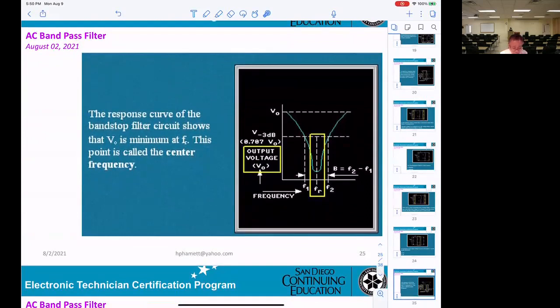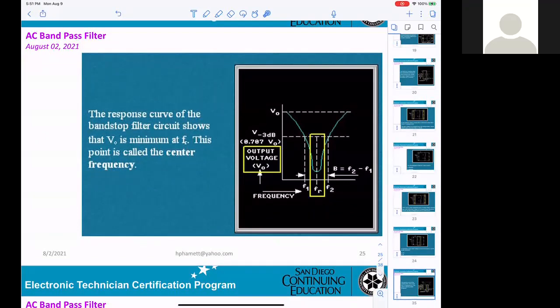If you're looking at this display, this is the output of what circuit? What type? Band stop. Perfect. Band stop filter.